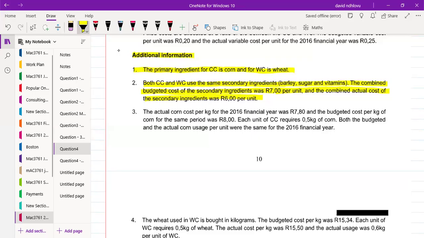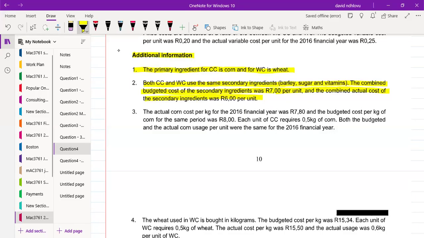In the previous question, you were given direct material already per unit. If there were 5 raw materials being used, you were not given a breakdown. They were already combined into a total. Now, in this question, you are given per unit the ingredients used to manufacture the corn cereal and the whole wheat.